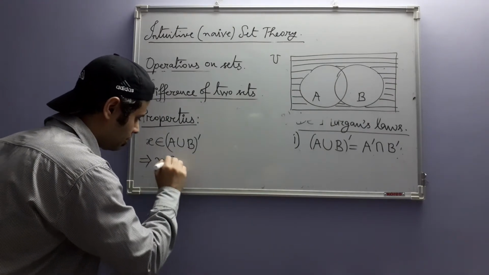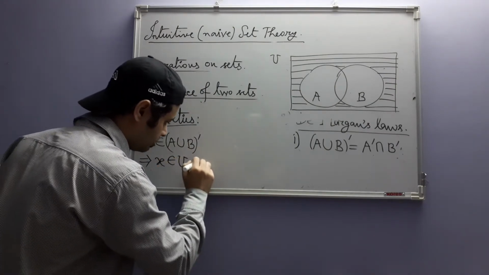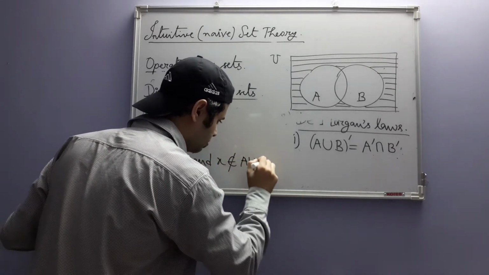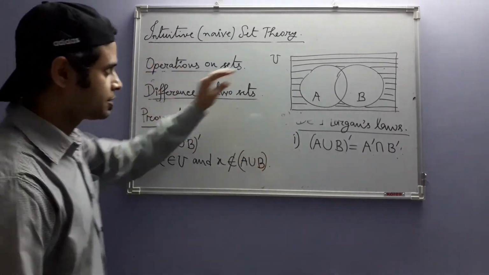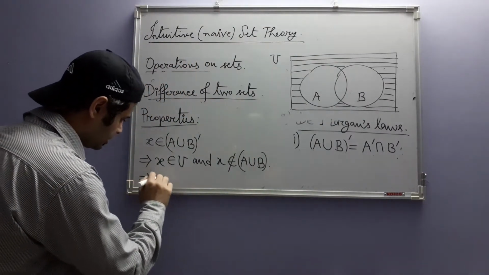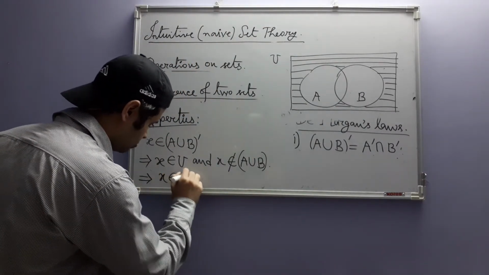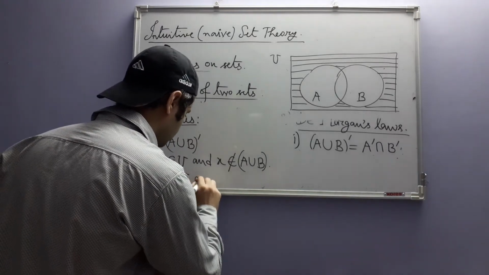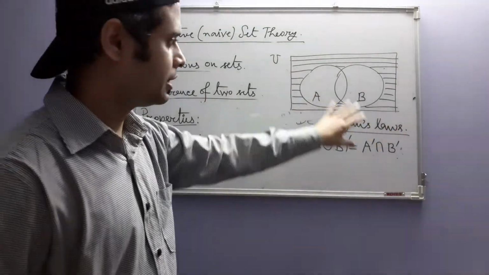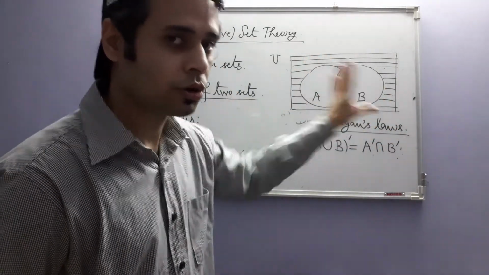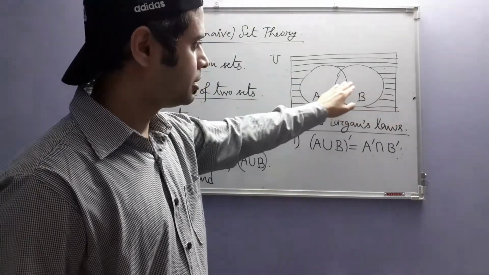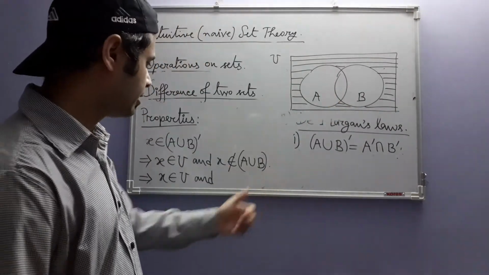x belongs to U and x does not belong to A union B. This can be written as x belongs to U and, now x does not belong to A union B means x can neither be in A nor in B, because if it belongs to A or B, then it will belong to A union B, which is not the case.